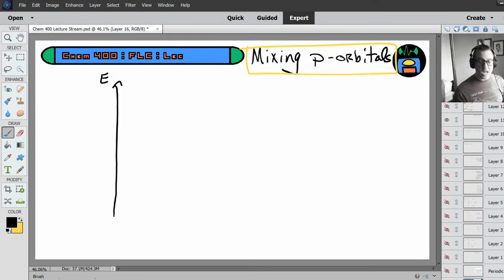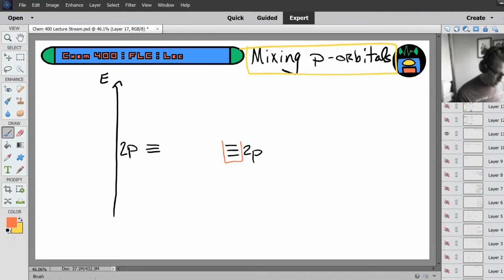So often the way you show this is when you have your p subshell, for example your 2p subshell, you show this by stacking all three of them together. So these are our 2p orbitals. We stack them here to show that all of these are equal in energy.